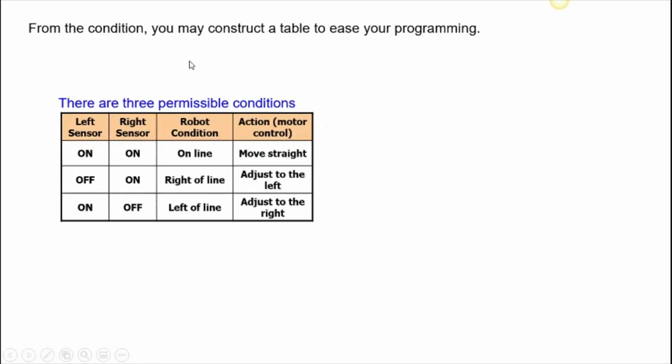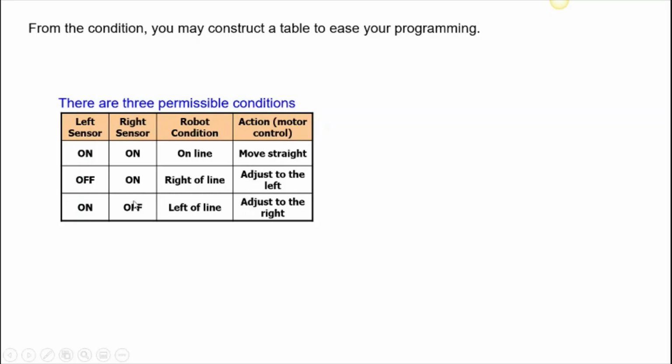So from the condition, you may construct a table to ease your programming. So there are 3 permissible conditions. So these are the conditions that you have covered in those 2 sensors implementation. So if left sensor and right sensor both are on, meaning that both sensors are on the white surface, then the action that comes out from this condition is moving straight for the mobile robot.